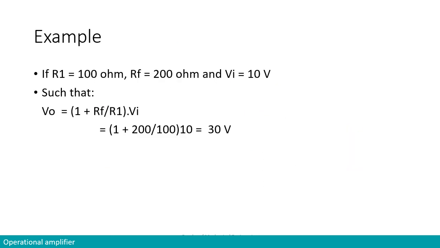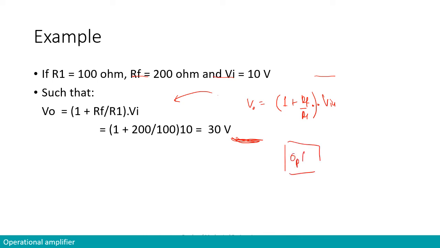So here is an example. Imagine we have R1 equals 100 ohm, RF equals 200 ohm, and Vi equals 10 volt. So we have, just now, VO equals 1 plus RF over R1 multiplied by V in, and if we replace those values, we get V out equals 30 volt.